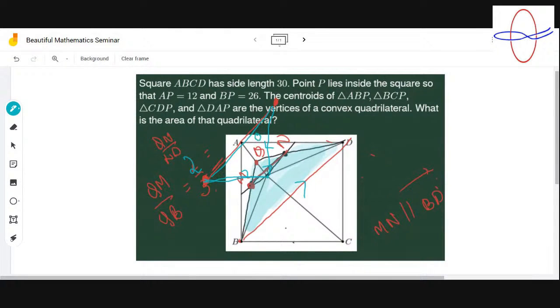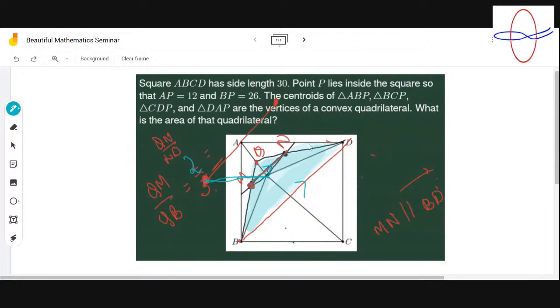Let's call this theta. In fact, if you try to understand this, this is sort of a rectangle, right? So this is 90 degrees. So, okay, this is a good exercise.